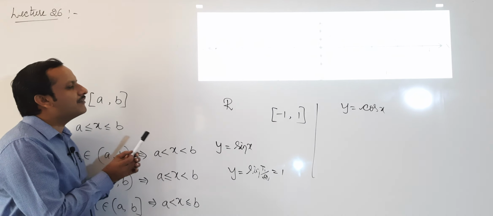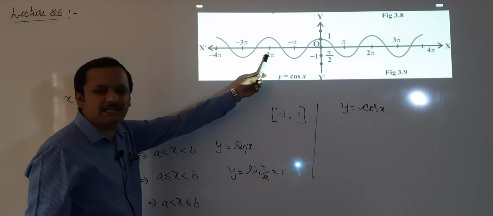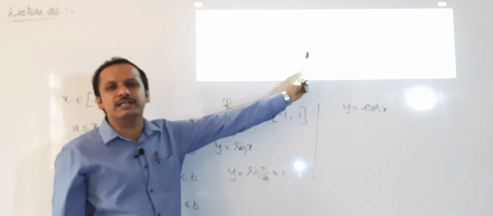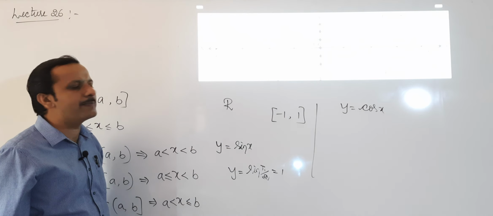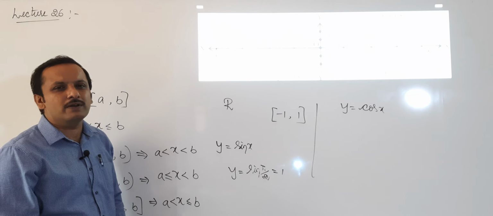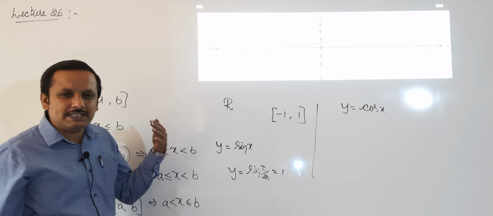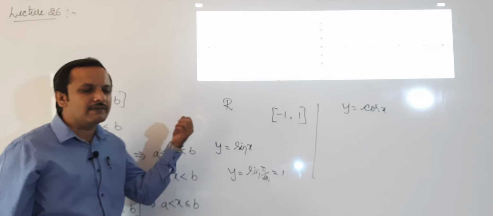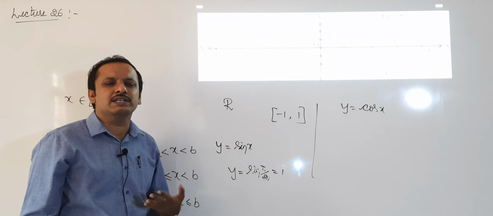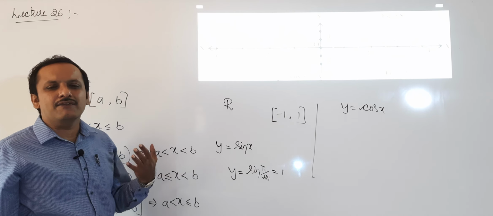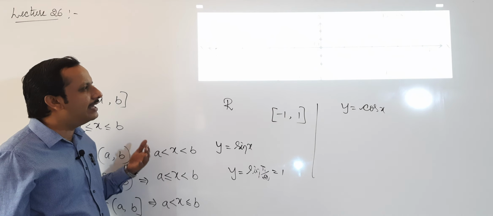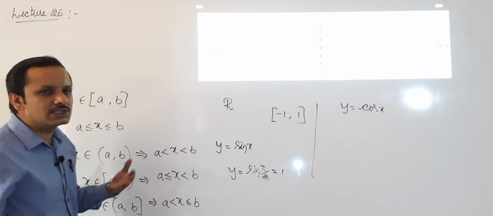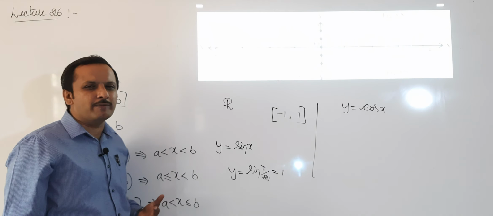And the graph from minus 4 pi to minus 2 pi is the same as the graph from minus 2 pi to 0, then 0 to 2 pi, 2 pi to 4 pi, etc. Therefore, for a given trigonometric function, if for that angle I add or subtract any multiple of 2 pi, there is no change in the value of that trigonometric function.